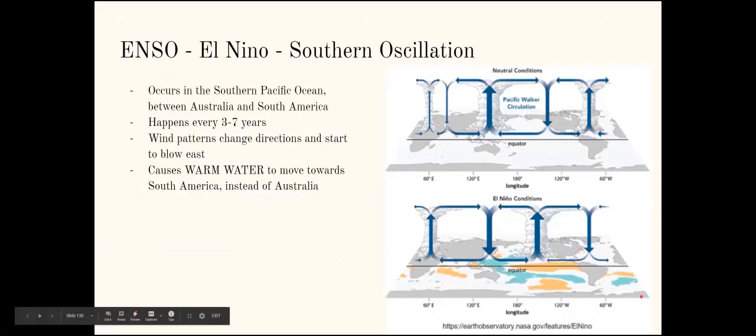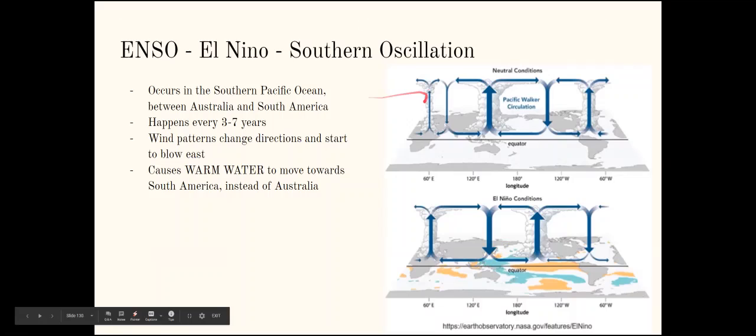Now, the problem is when El Nino happens. Another way to say it is the ENSO, the El Nino Southern Oscillation. Now, this occurs every 3 to 7 years, and again, it's between Australia and South America. And what happens is the wind patterns will suddenly change directions and start to blow east towards South America. And this causes the warm water to travel in that direction now instead of towards Australia.